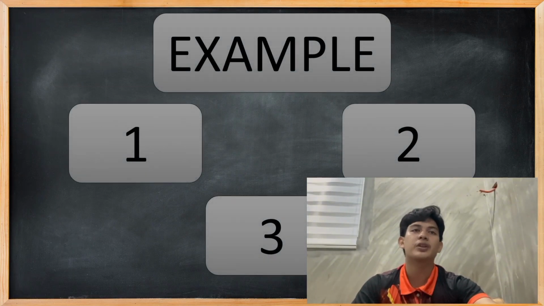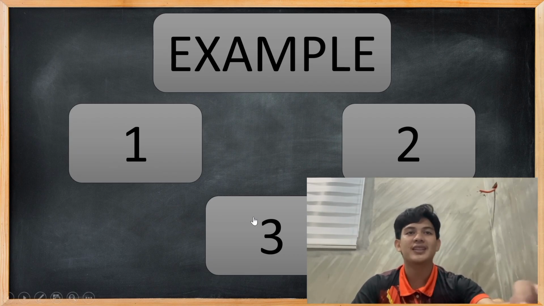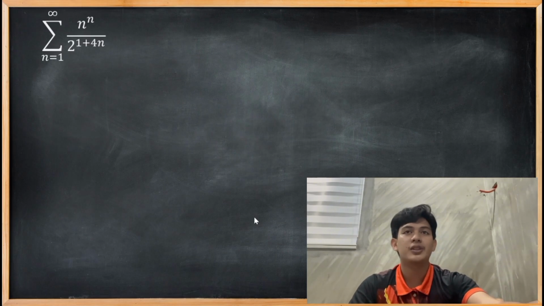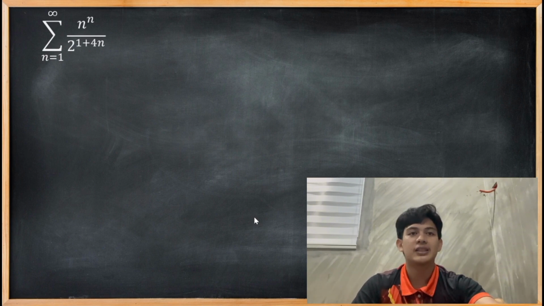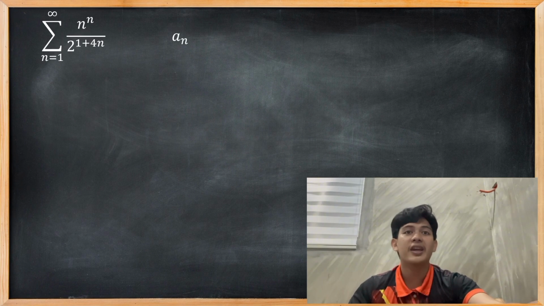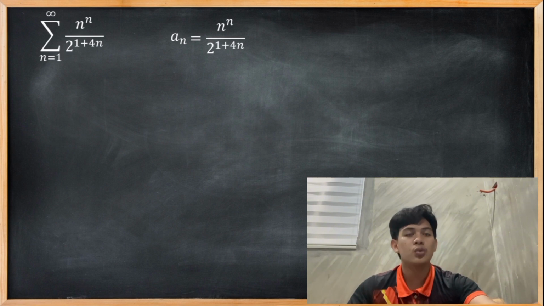For example number 3, last but not the least, we have a given problem of the summation of n raised to n over 2 raised to (1 plus 4n). Just like before, we have to identify our a sub n. Our a sub n is equal to n raised to n over 2 raised to (1 plus 4n).